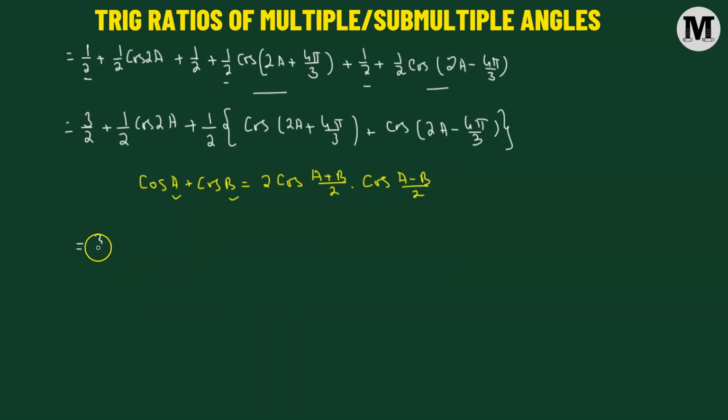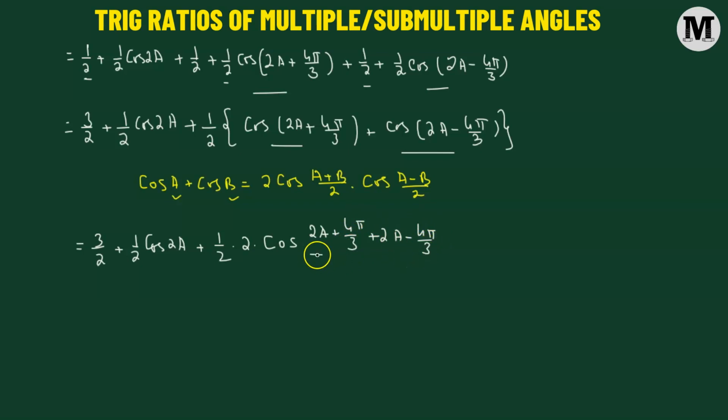So let's use the formula accordingly. We have the first term 3 over 2. The second term is half multiplied to cosine of 2a plus half. Now when we add these two cosine functions, we're going to get the factor 2 here. So 2 will get multiplied to cosine of, we need (a plus b) over 2. So let's add 2a plus 4 pi over 3 with 2a minus 4 pi over 3, and divide this result by 2.